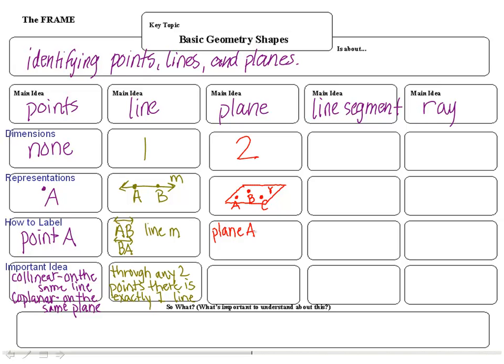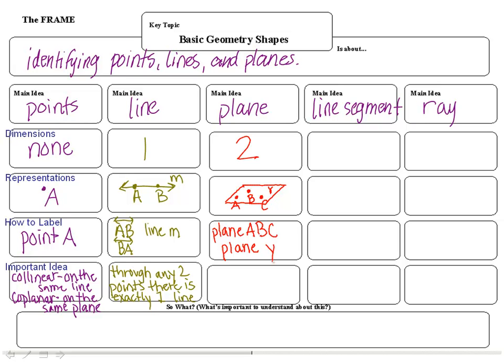So plane ABC. You could also say plane CBA or plane BAC. You would not say plane ABY because Y is not a point on it. You could though say plane Y because Y is just a letter given to that plane. It is not a point.